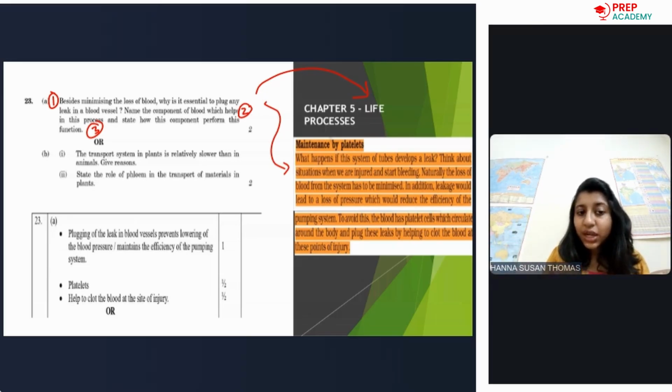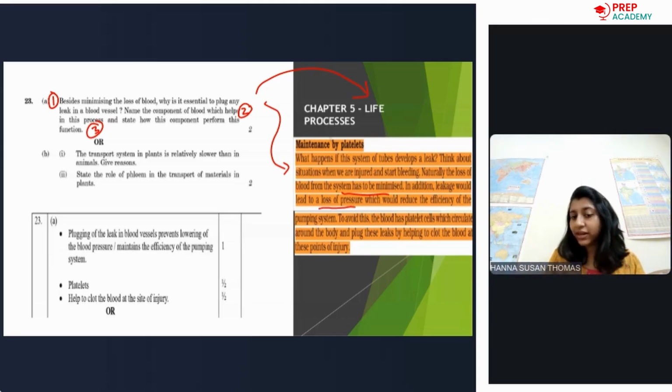Besides minimizing the loss of blood, why is it essential to plug any leak in a blood vessel? Because naturally, if blood is lost from our system, what will happen? Our blood pressure will be lowered. So naturally, the loss of blood from the system has to be minimized. In addition, leakage would lead to a loss of pressure.